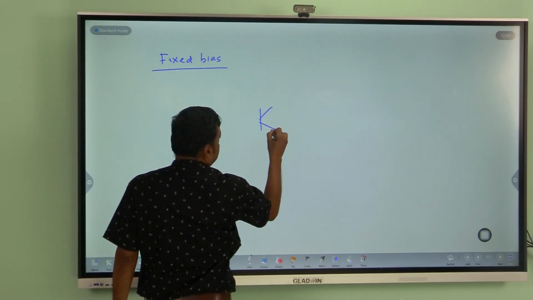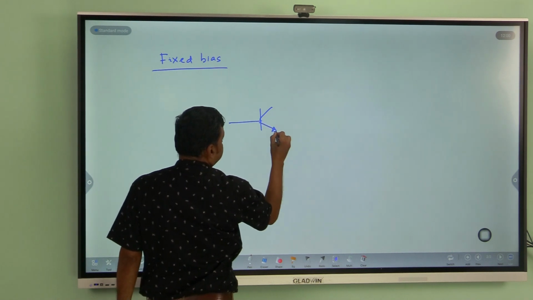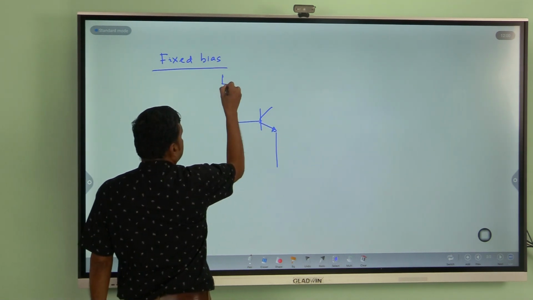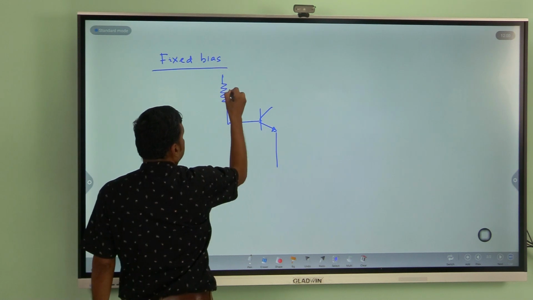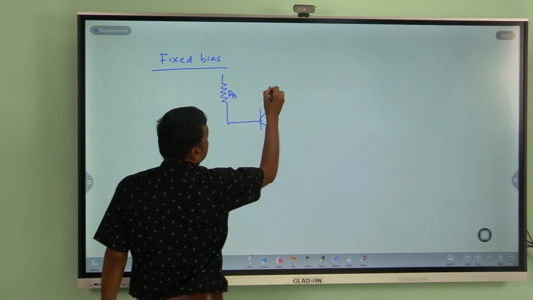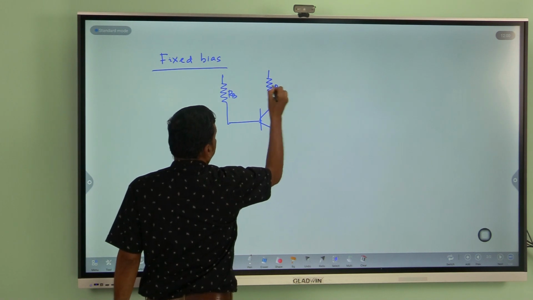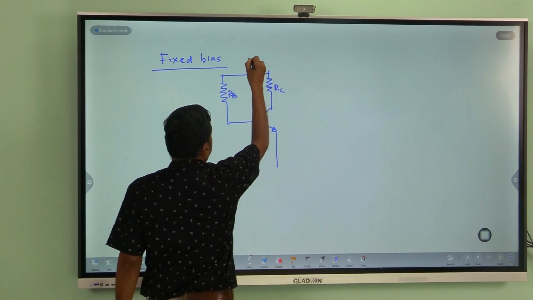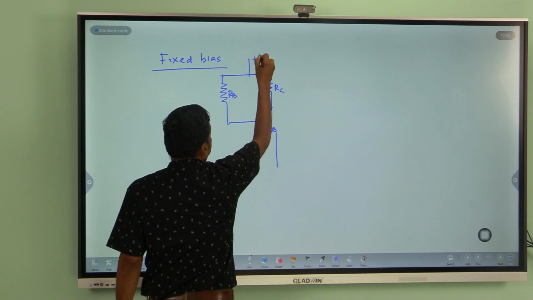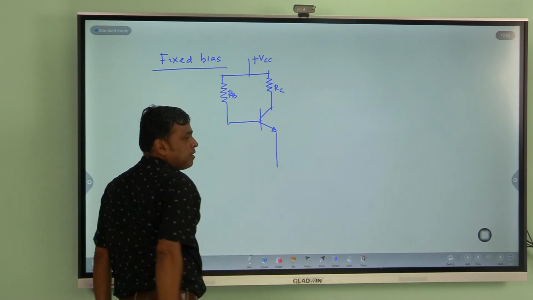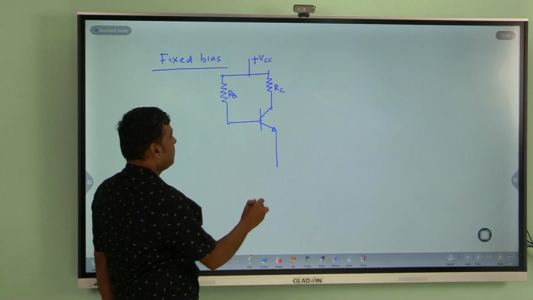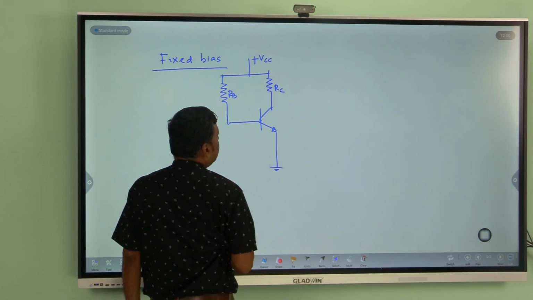So, this is your fixed bias configuration. This is a common emitter transistor and there are 2 resistances RB and RC, and there is your supply voltage VCC, the collector supply voltage, and this is grounded.